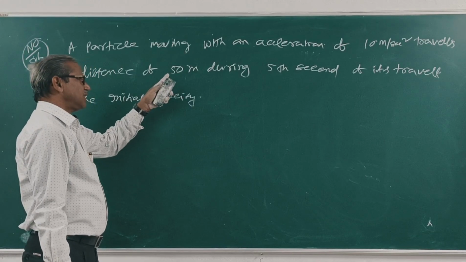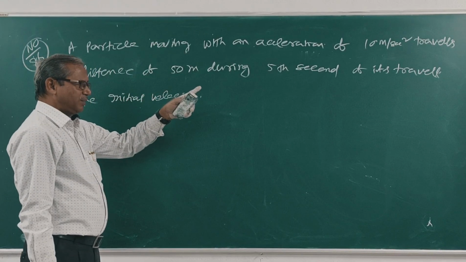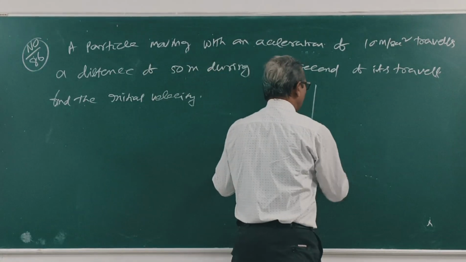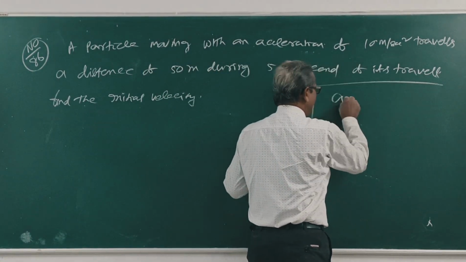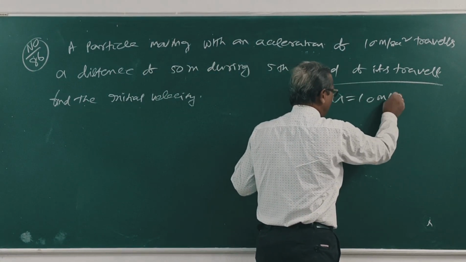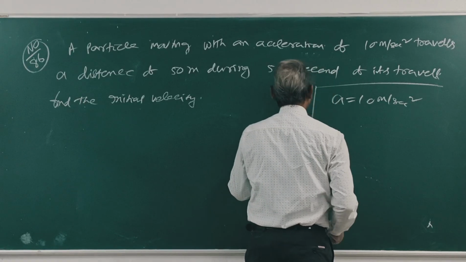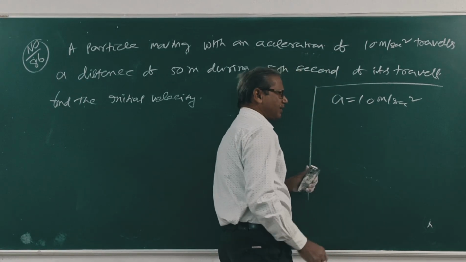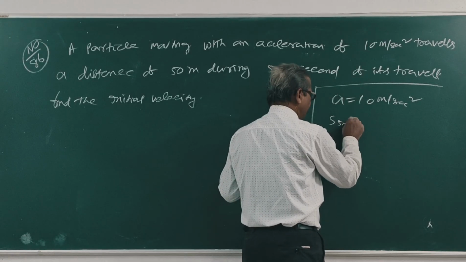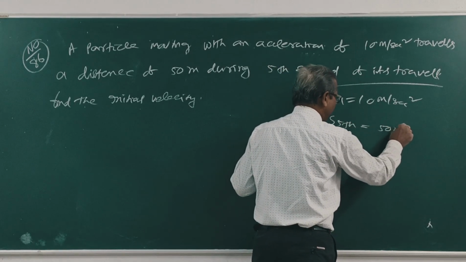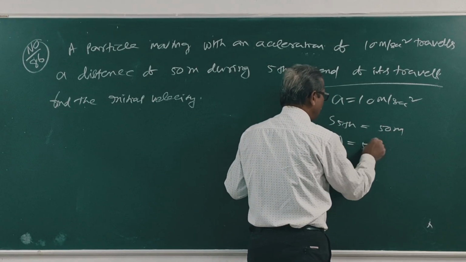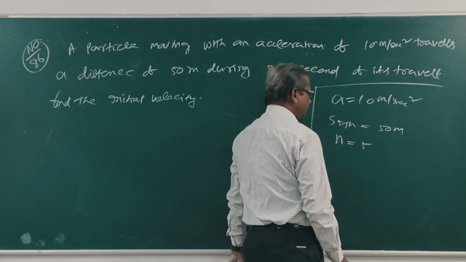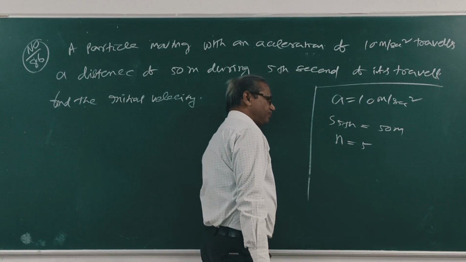A is equal to 10 meter per second square, S is 50 meter, and n is equal to 5.